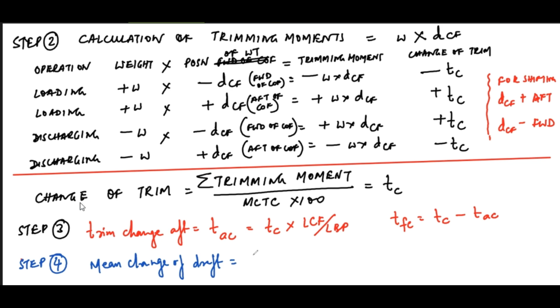How will we do this? Sir, forward plus aft divided by 2. No, change of draft. Mean change of draft will be the mean rise or sinkage. How did we calculate it? This is from chapter number 4, the TPC calculation.